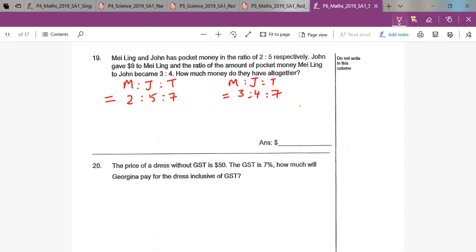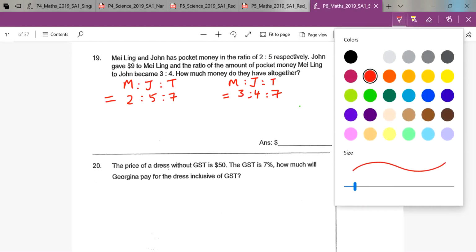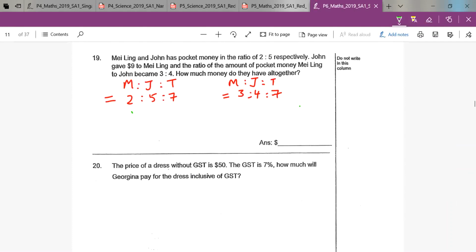So in other words, Mei Ling gained 1 unit, John lost 1 unit. So that 1 unit is $9 basically. So 7 units would be $9 times 7, and that is $63.